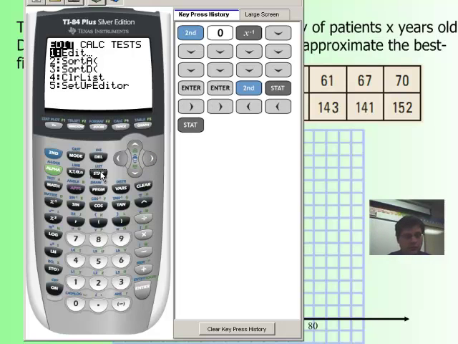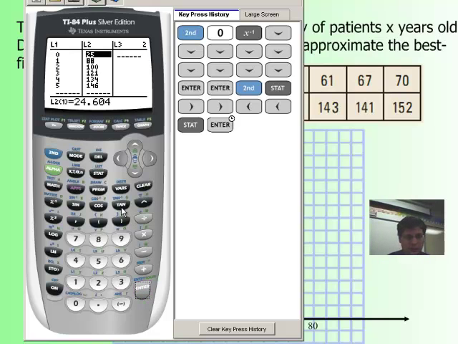We're going to edit one of the lists, which is L1 in this case. I'm just showing you the L1, L2, where you find that. I'm going to press stat, and I want to edit one of the lists. So I press enter. Okay, now you might have data already in your calculator.